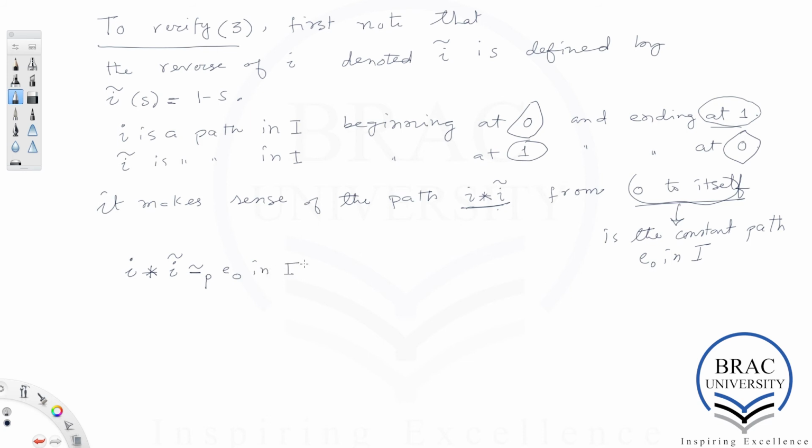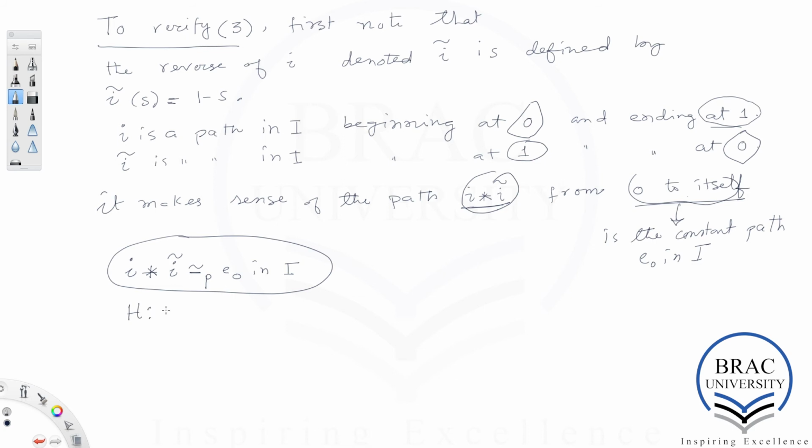Okay. So this guy is a path from 0 to itself, and so is the constant path e0. And this is the claim that these two paths are path homotopic in I.